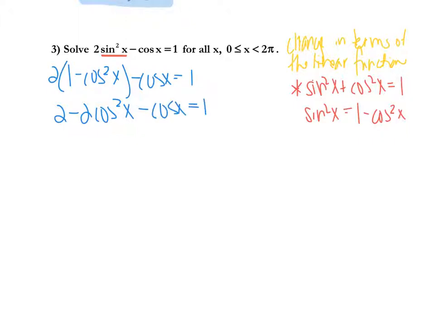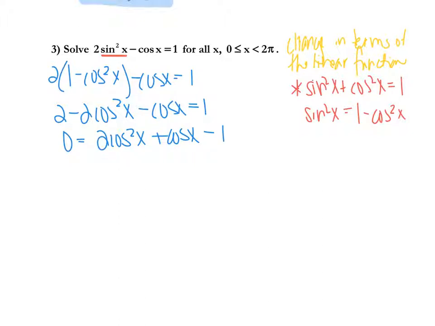This is a problem that I actually have to factor. As always, I like to keep the leading term positive, so I'm going to move everything to the right instead. So I get 0 equals 2 cosine squared plus cosine x minus 1.